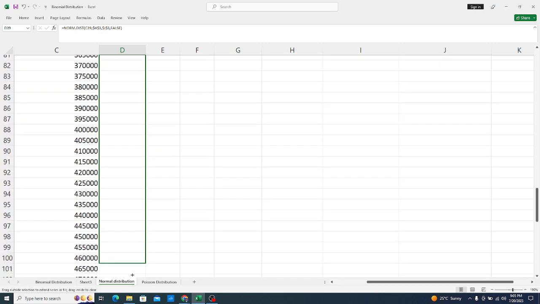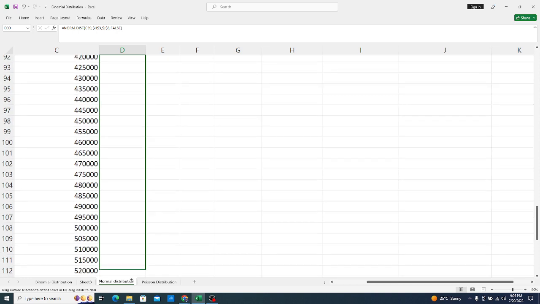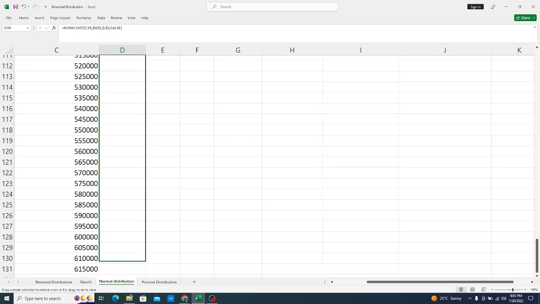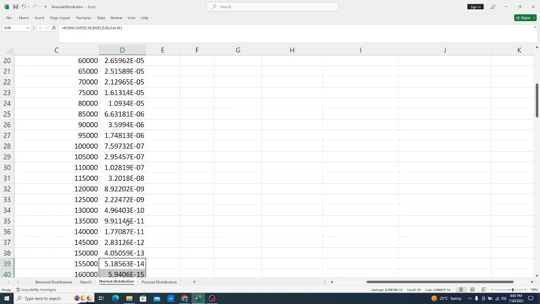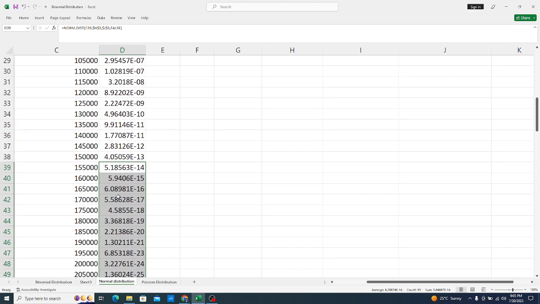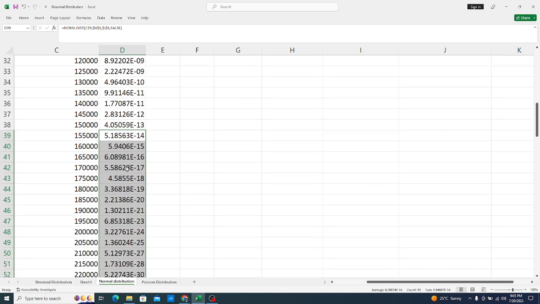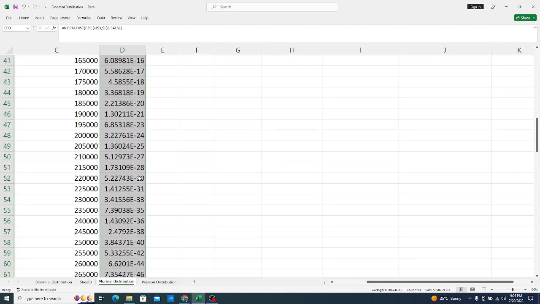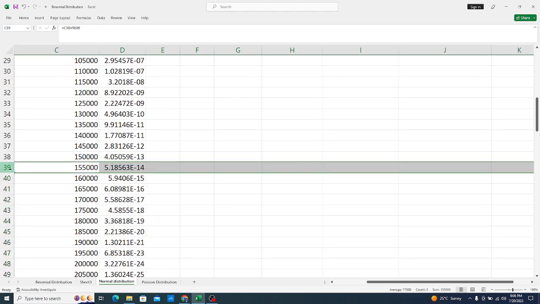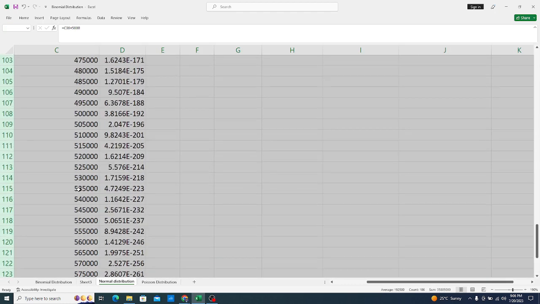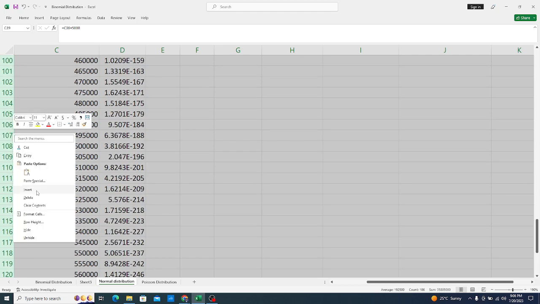Will they increase, or how will they look? You can see the probabilities are decreasing. Why? You can see the number of decimals are increasing as we increase the salary away from the mean salary.